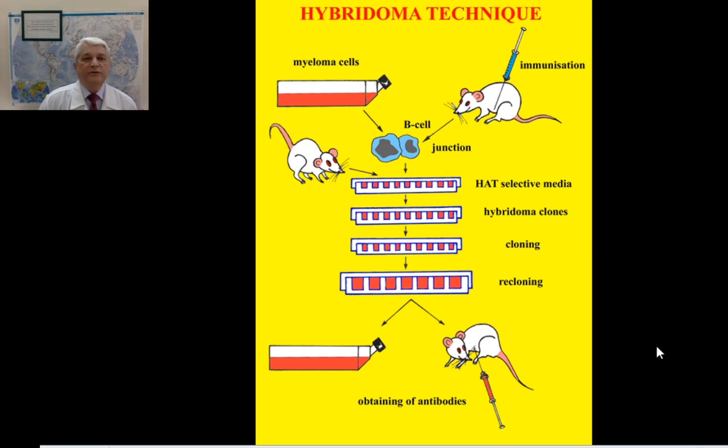What do we do with these cells? We have two possibilities. The first possibility is to inject these tumor cells into the abdominal cavity of a mouse, or to use special bottles with media for producing a large amount of such cells. And these cells are producing a large amount of antibodies.